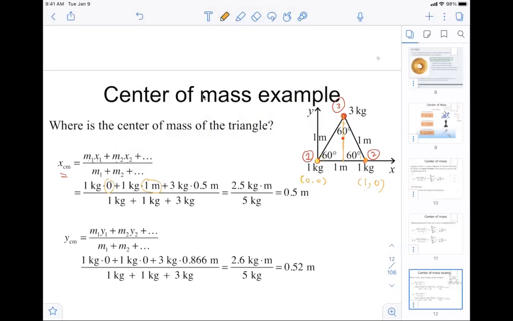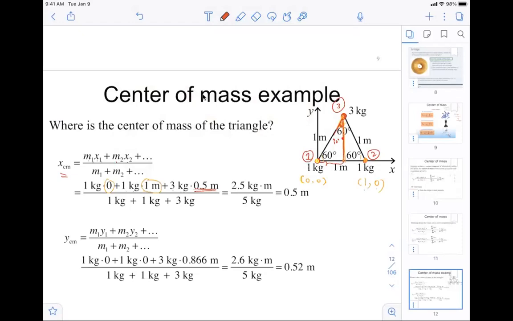So this is exactly in the middle, okay? Because this will be 30 degrees, this will be 30 degrees right here, and this will be exactly 1/2. So that's 0.5 meters. That's the position of your third mass.